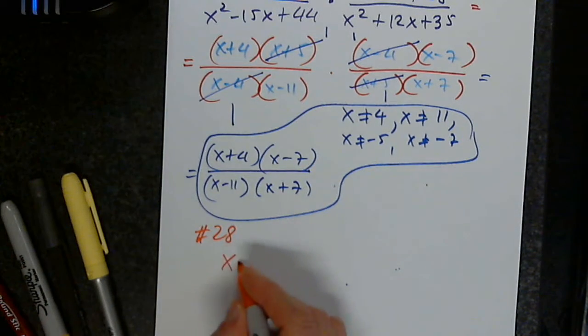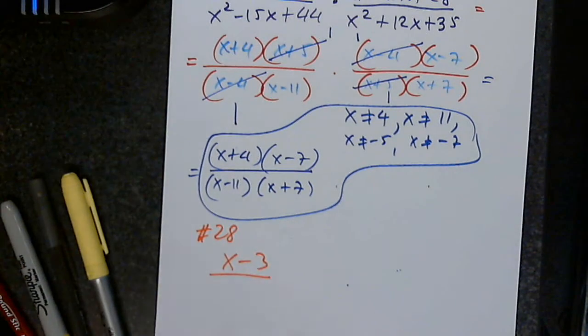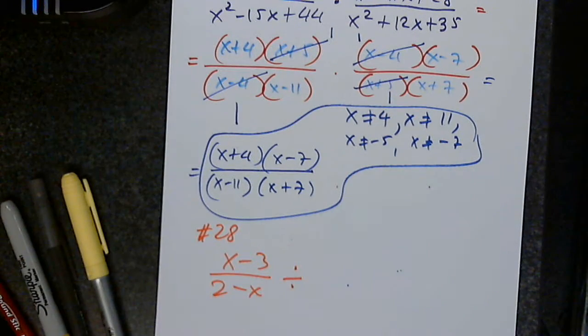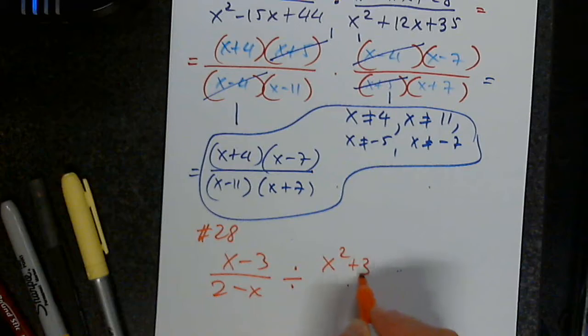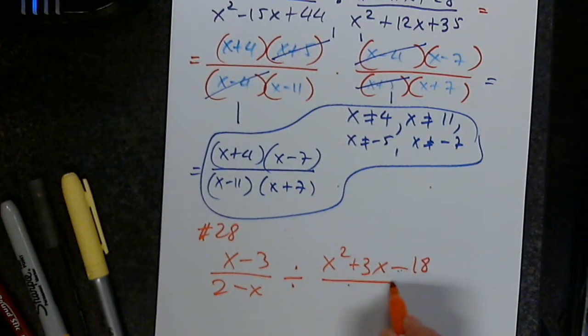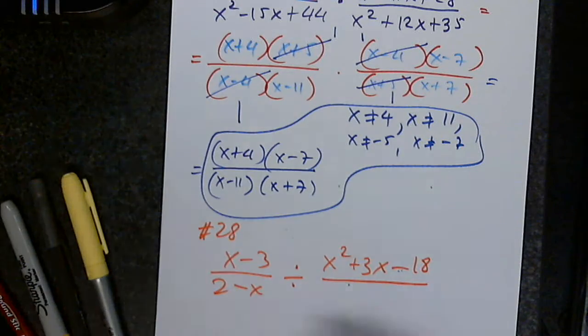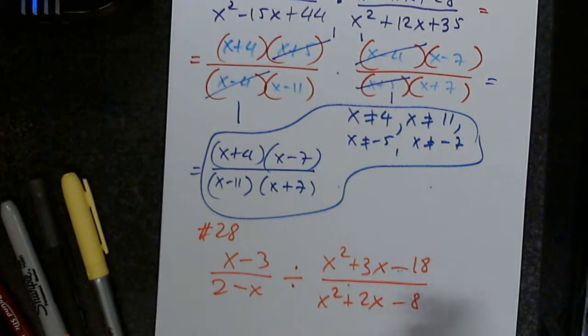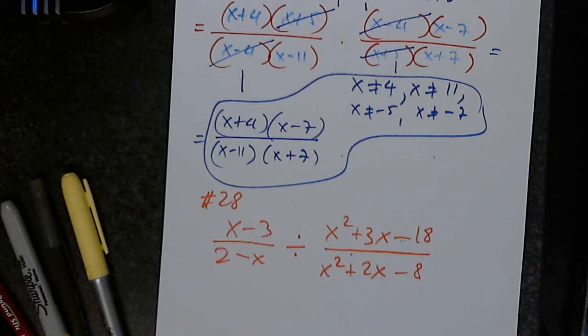x minus 3 over 2 minus x divided by x squared plus 3x minus 18, everything divided by x squared plus 2x minus 8. First of all, how do we divide two fractions?